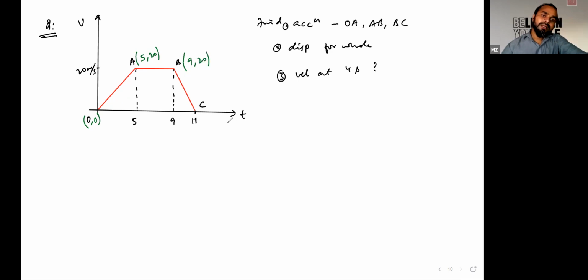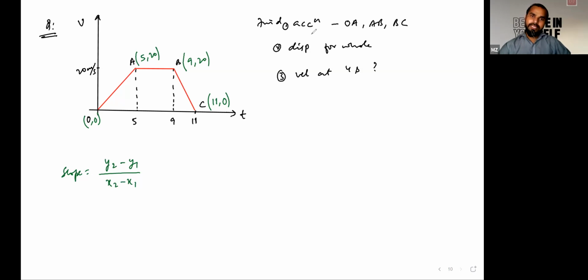Good. Similarly, to define the coordinate for C, here the x coordinate is 11 and there is no y coordinate as it is lying on the x-axis. So I have just defined you all the coordinates. To find the slope, the formula is y2 minus y1 divided by x2 minus x1.